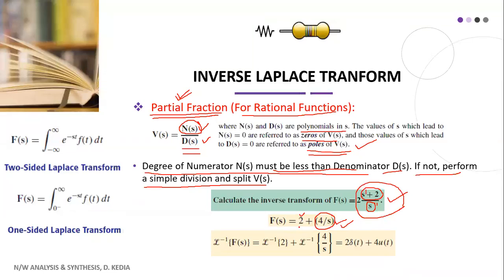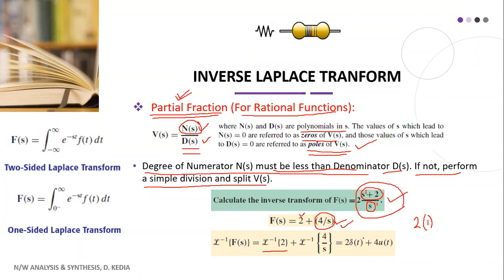2 is a constant. Constant means you can consider 2 as 2 multiplied with 1. So 2 will come out, you are left with inverse Laplace of 1. And we know that 1 is the Laplace transform of delta t, that is impulse function. So the inverse Laplace of 1 will be impulse.